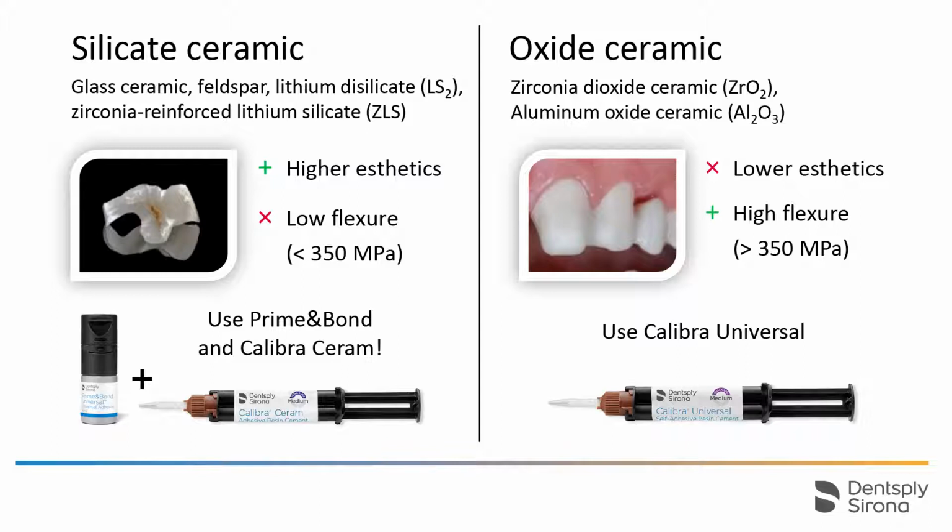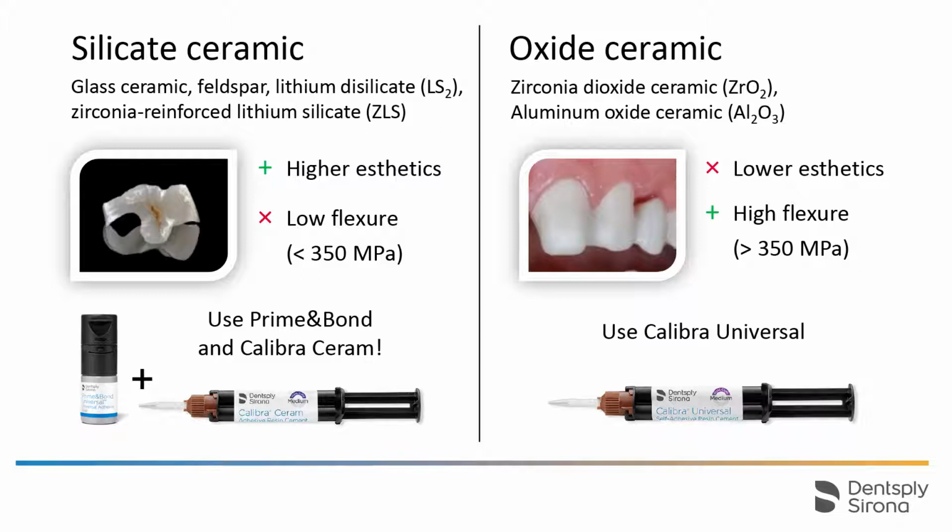They don't require any additional stabilization from a resin cement. However, they are relatively opaque and integrate less effectively in the surrounding tooth structure. The product Zircon, a high-strength zirconia ceramic, is an example of an oxide ceramic from Dentsply Sirona.